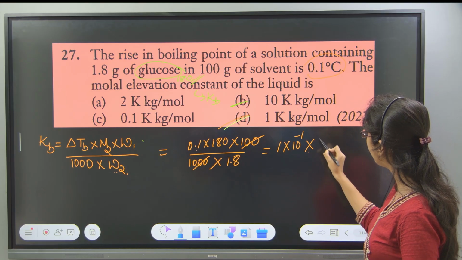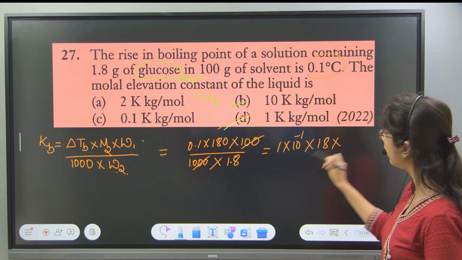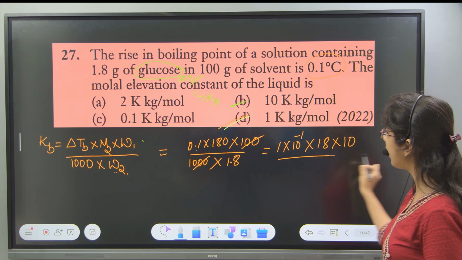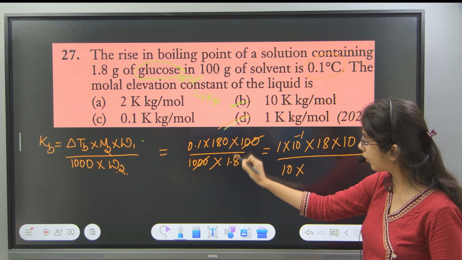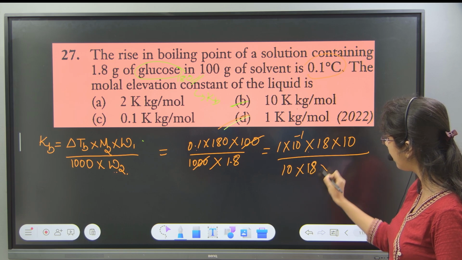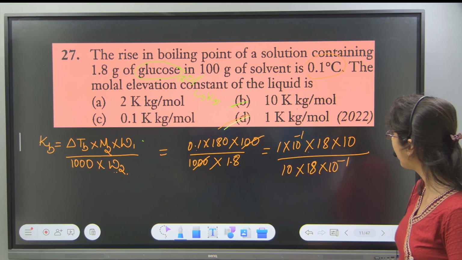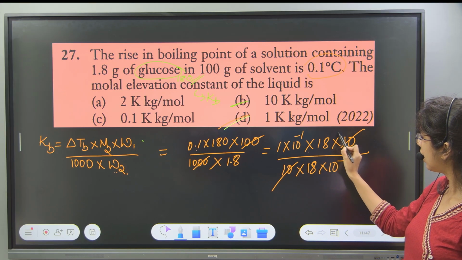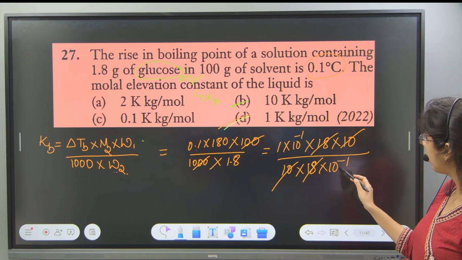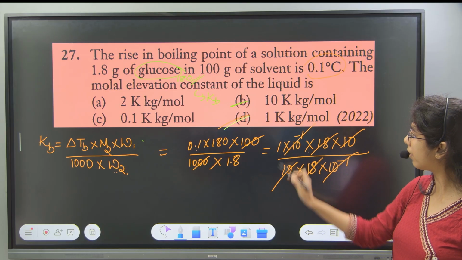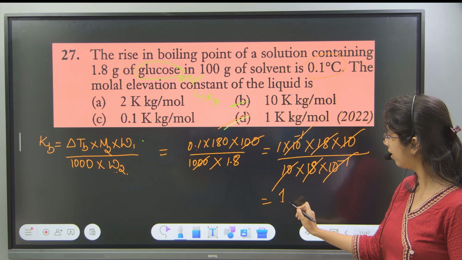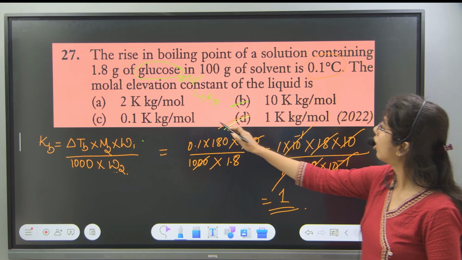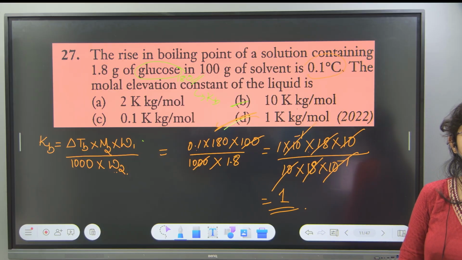And this 180, I can write as 18 into 10, and shifting the decimal I can write this as 18 into 10 power minus 1. 10, 10 cancel, 18, 18 cancel. 10 power minus 1, 10 power minus 1, everything is getting cancelled, so the remaining is 1. Option D. Very simple calculation.